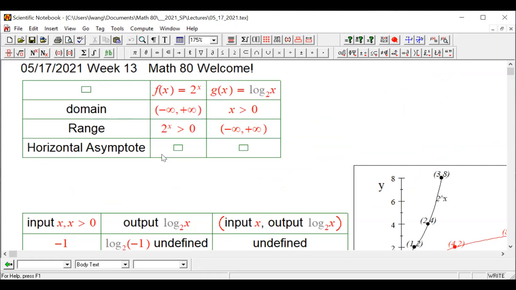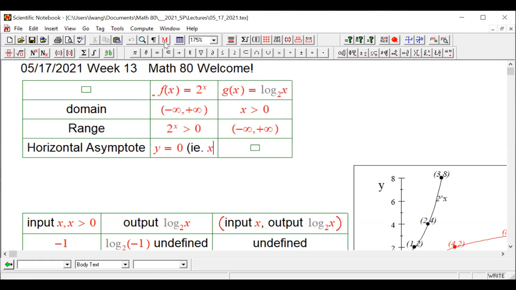The horizontal asymptote here for 2 to the power x is y equals 0. That's the x-axis.